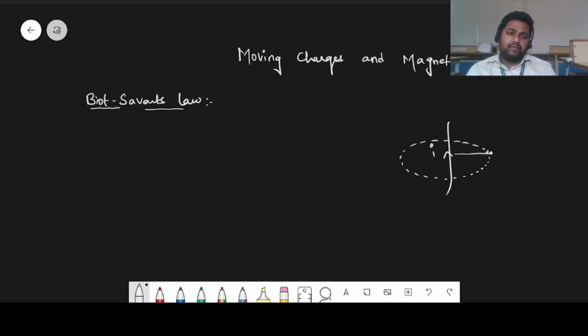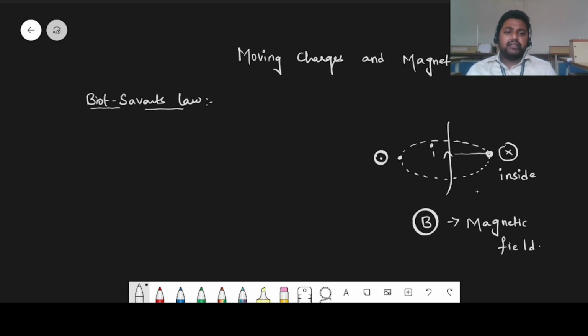According to your right hand thumb rule, the magnetic field at this point will be going inside and the magnetic field at this point will be coming outside. We represent the direction of magnetic field, and B is the notation symbol that we use for representing magnetic field.